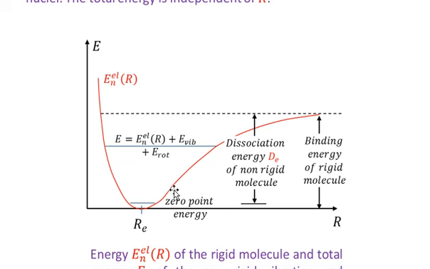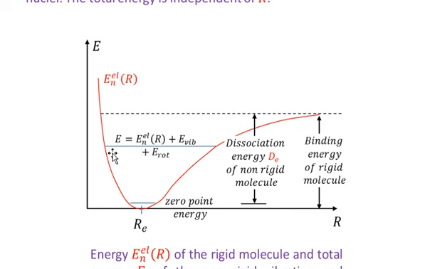Then you see that the red curve increases as the separation R increases, and ultimately it reaches a value which is the total energy of the system, which is constant.